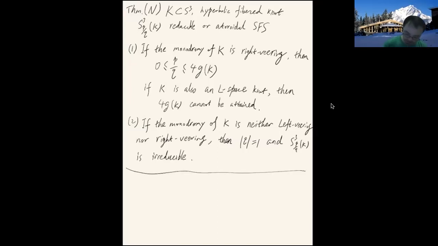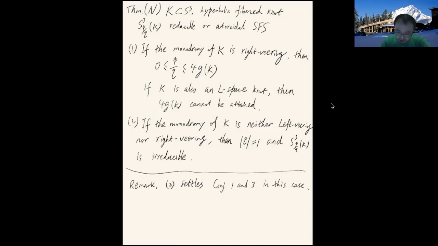So remark: part two settles conjectures 1 and 3 in this case. Of course, I guess that's just a small progress towards these two conjectures, but at least for fibered knots, now you can say something.